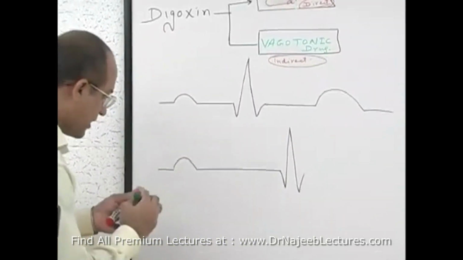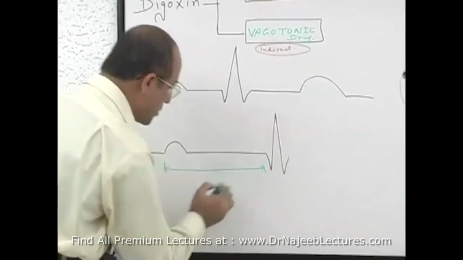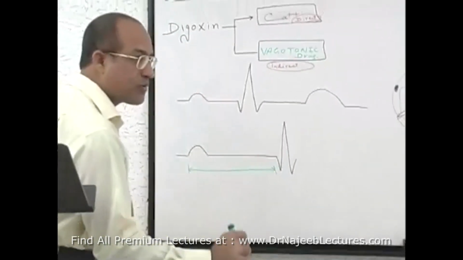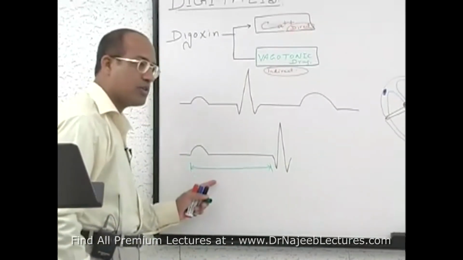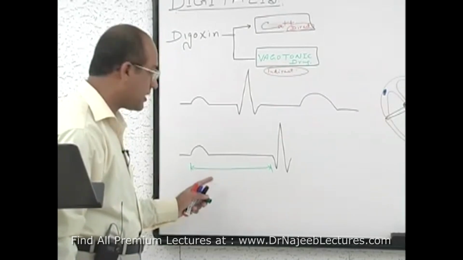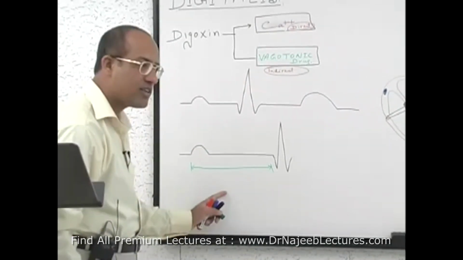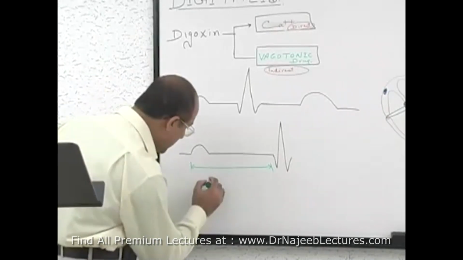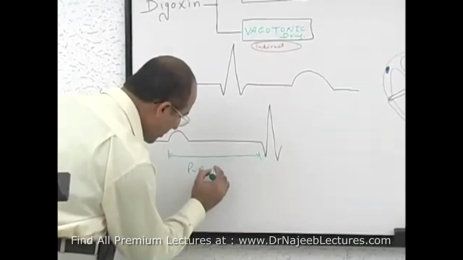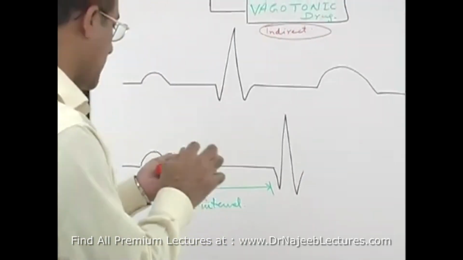So we can say that due to vagal stimulation, digoxin inhibits the AV node, and due to negative chronotropic action, due to inhibition of the AV node, the cardiac impulse takes longer time to move from atrium to ventricle, and the PR interval is prolonged. Then another thing, this is the PR interval. Another concept is the QT interval.